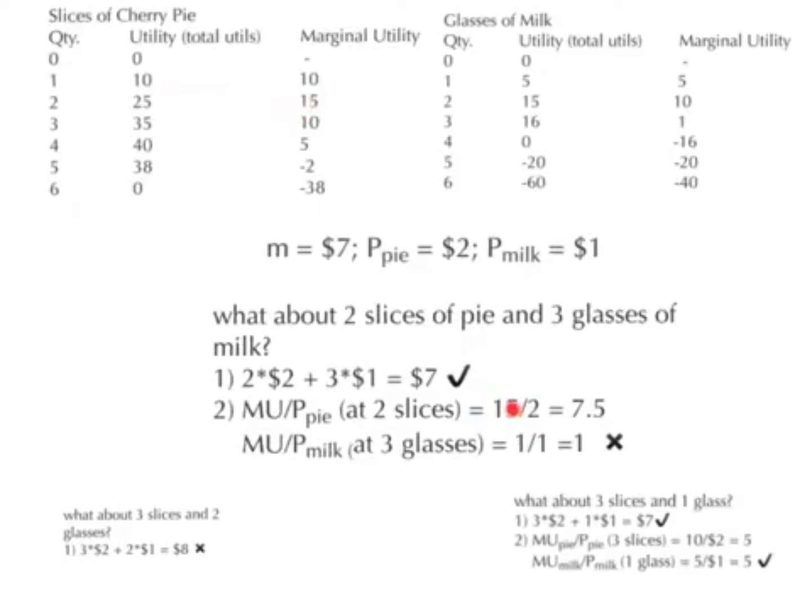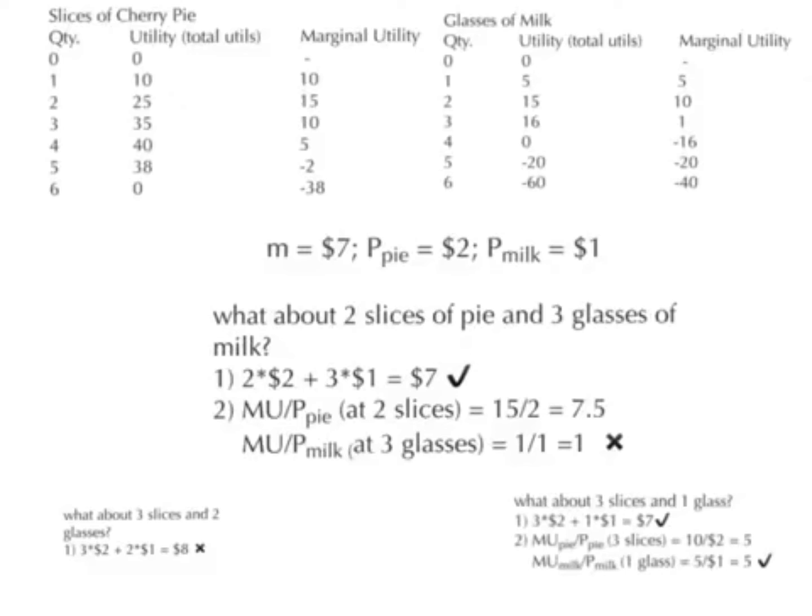So we take 15, we divide it by 2, the price of pie, and we get a marginal utility per dollar of 7.5. Then, if we look at the marginal utility of 3 glasses of milk, we will see that it's 1. And then we divide that by the price of milk, $1, and we get a marginal utility per dollar of 1. And as most people would know, 7.5 does not equal 1.